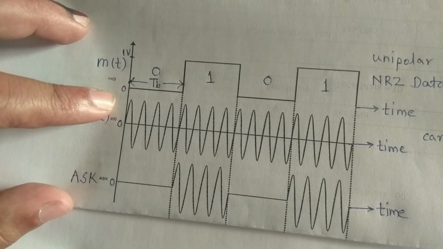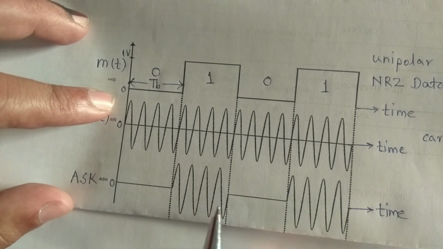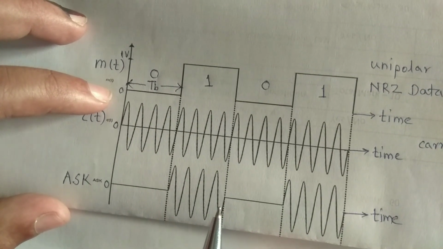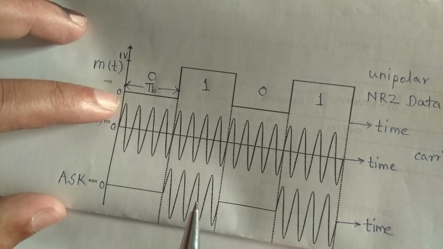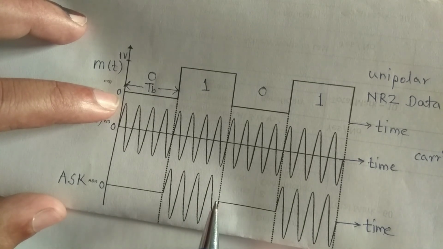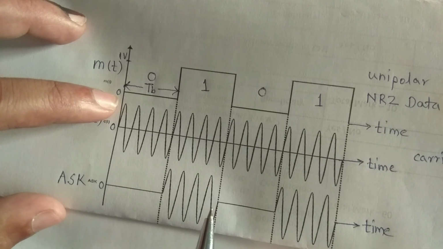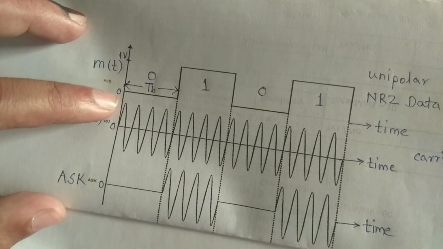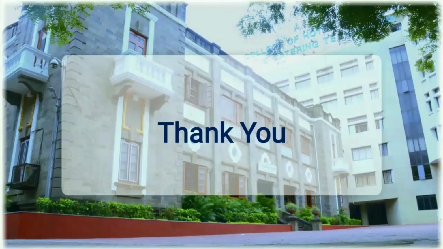It means noise immunity is very low in the case of ASK, because of noise the amplitude is going to change. Since our information is present in amplitude, this ASK signal has very low noise immunity. Okay, thank you.